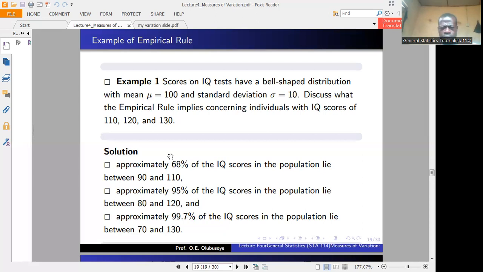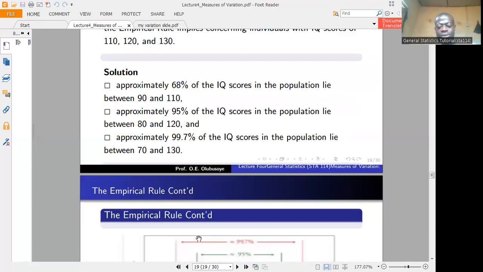If you deviate by 3 standard deviations, you can still apply the same thing. You will have 130, and if you subtract 30 from 100, you have 70. So about 99.7% lie between 70 and 130. And that is what we can denote.